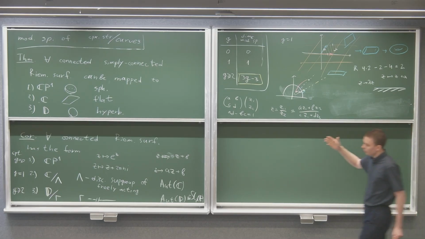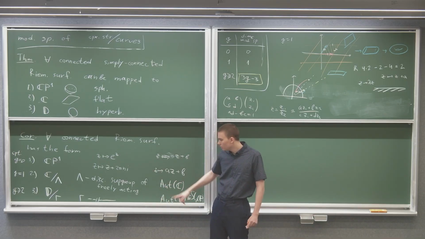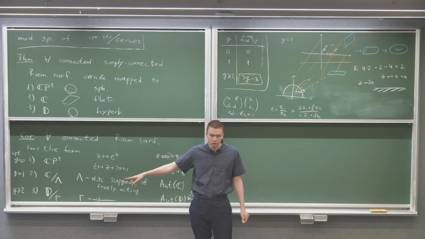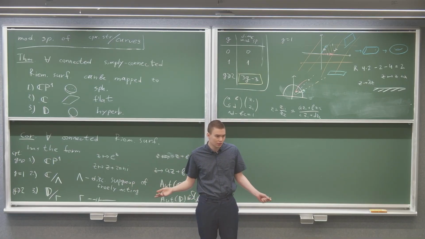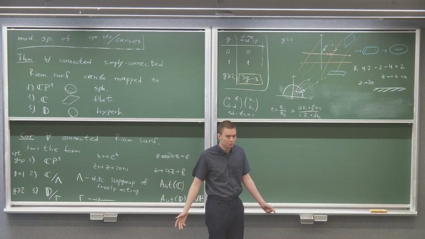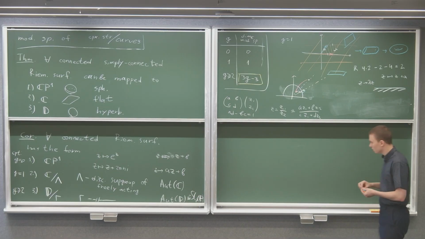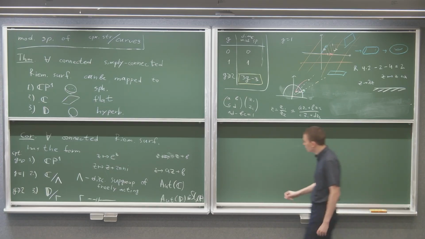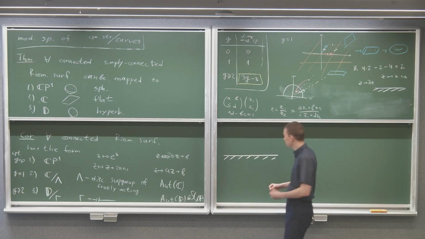Now, in the higher genus case, the plane should be replaced by either the disk in the Poincare disk model or by the upper half plane. I'll draw the upper half plane because it gives a little bit more space on the board. It's less restricting.